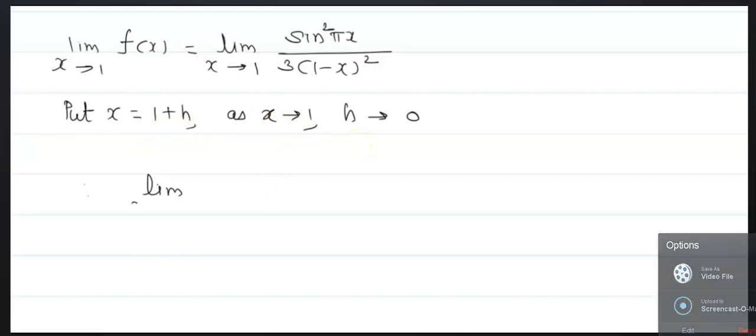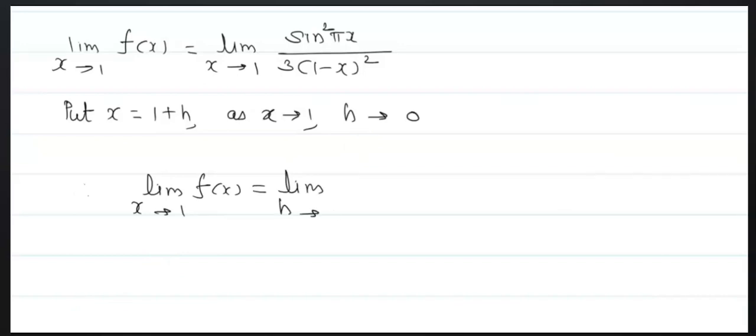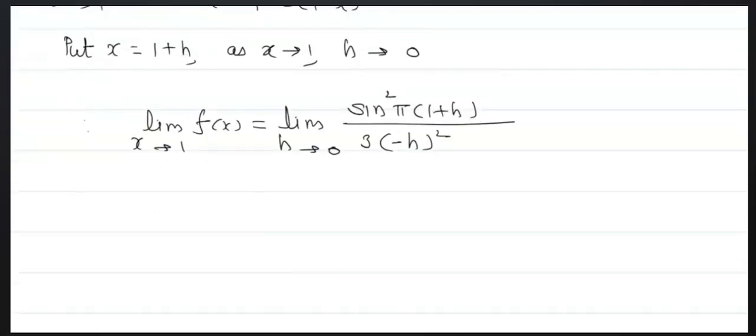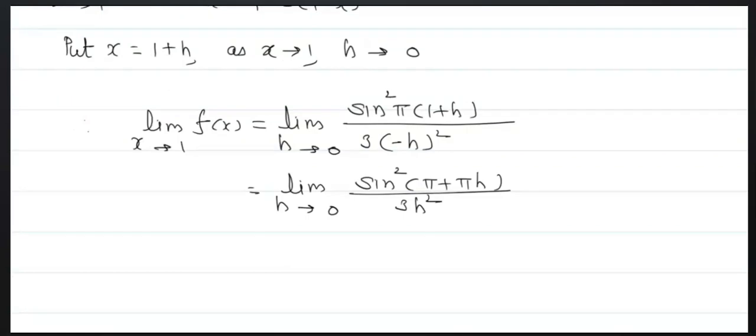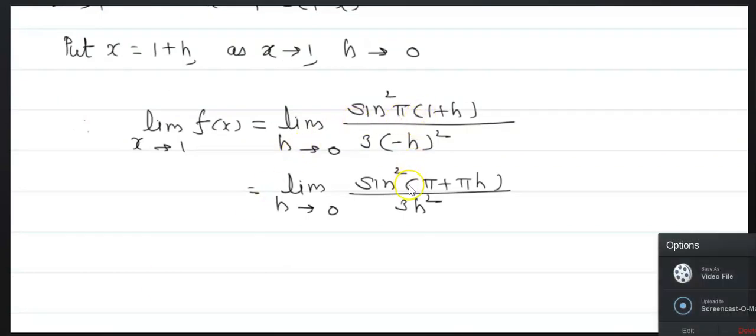Therefore you will get limit h tends to 0 of sin square pi (1 plus h) upon 3 (minus h) whole square. Now see this here, pi into 1 plus pi into h, sin square of (pi plus pi h). Now sin of pi plus theta, the function remains as it is. It goes in the third quadrant, so it will become minus sin of pi h into minus sin of pi h, and overall it will become sin square pi h.